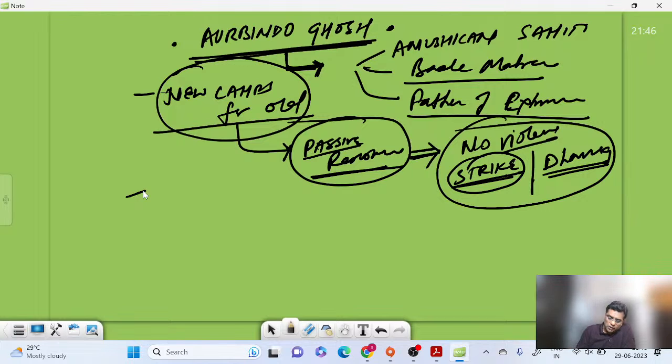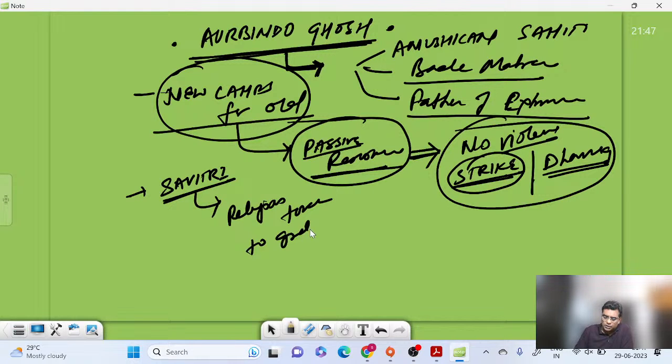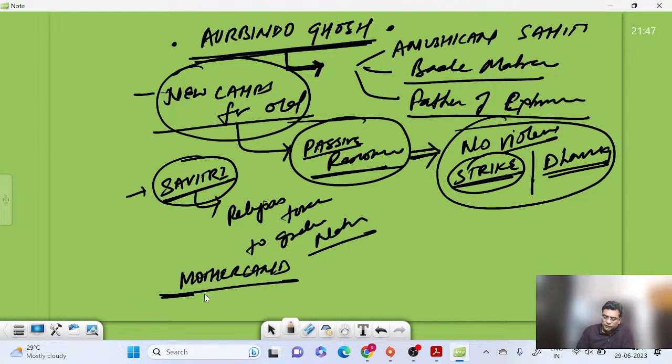He also wrote a poetic compilation called Savitri. In Savitri, Aurobindo Ghosh gave a new religious touch to Indian nationalism. He said that we are not fighting for land. This is the motherland, Matribhumi.